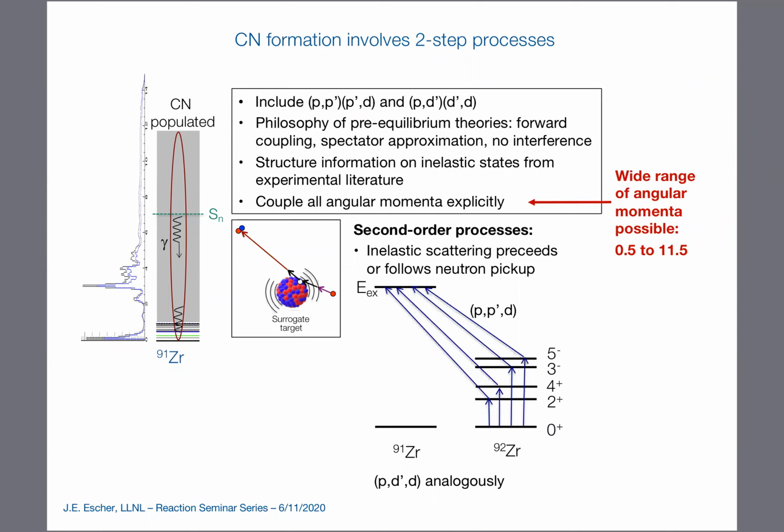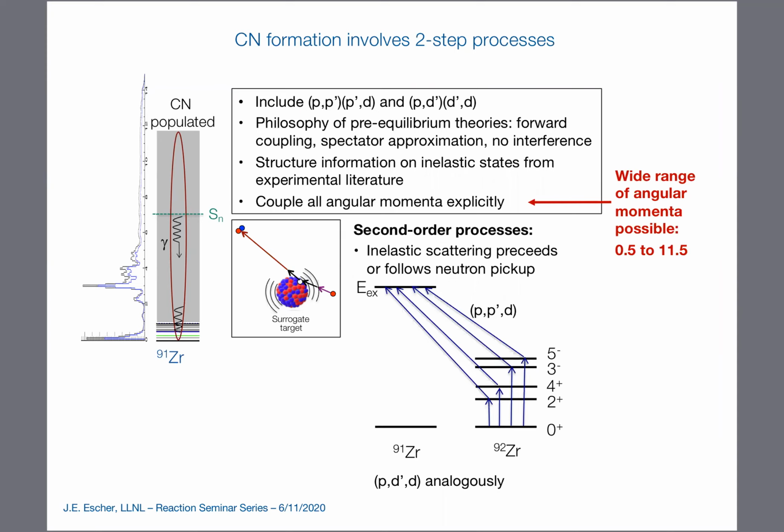I have only forward coupling. Here I use a spectator approximation. But since I am interested in cross sections that produce a nucleus at very high excitation energy, where there's a high level density, I'm justified with these approximations. They're in the spirit of what people have been using for many years in pre-equilibrium studies.